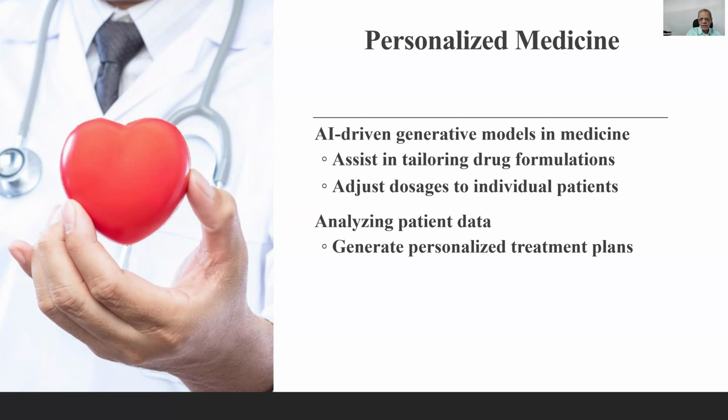It can adjust the dosages depending upon the individual patient, and that will help in reducing the cost of treatment. At the same time, it can help patients with betterment, safety and assured results.